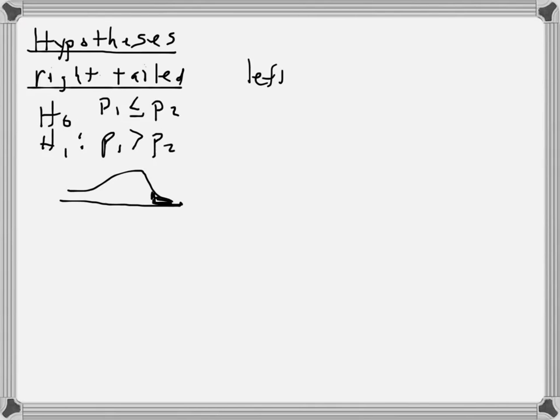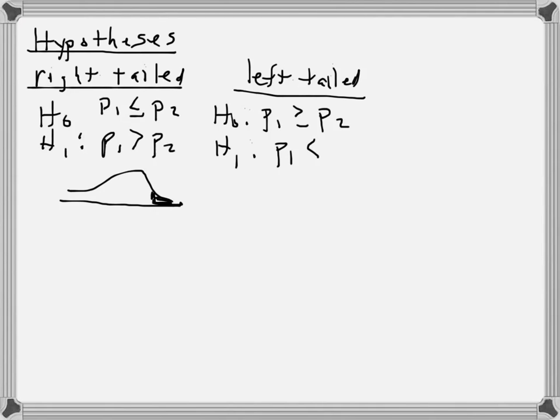For a left-tailed test, just the opposite, the null is P1 is greater than or equal to P2, and the alternative is that P1 is less than P2. And lastly, for our two-tailed test, we have the null that P1 equals P2.